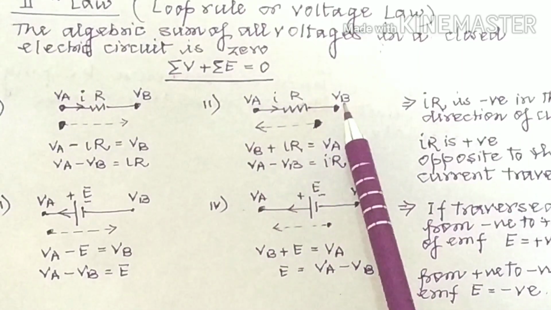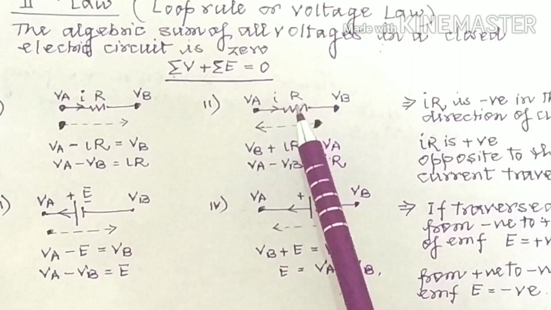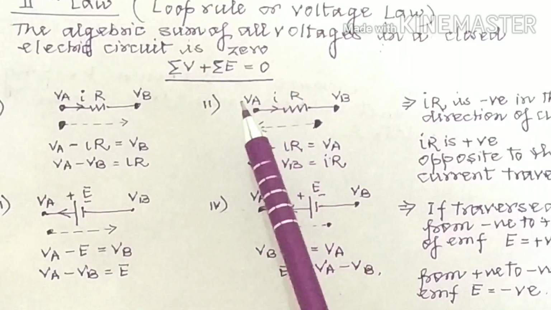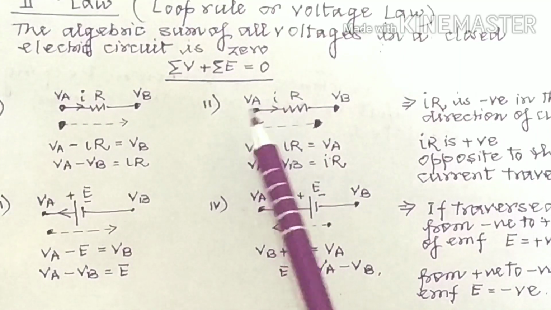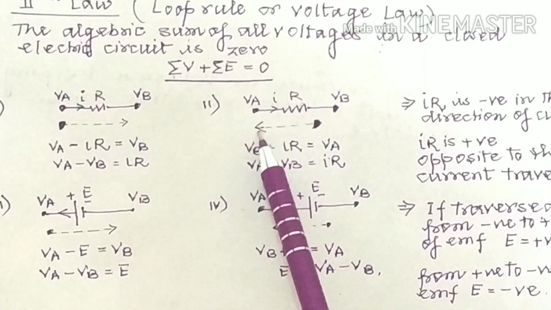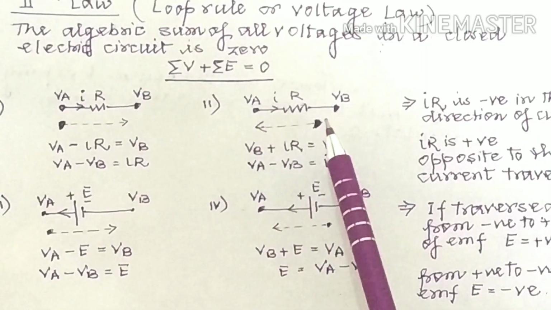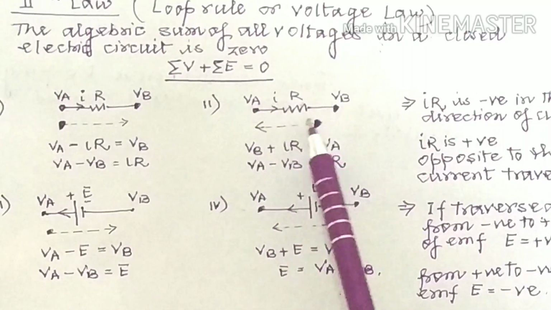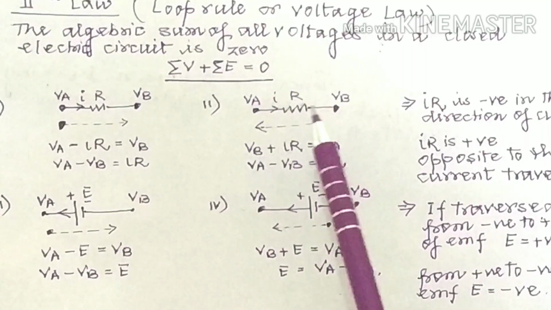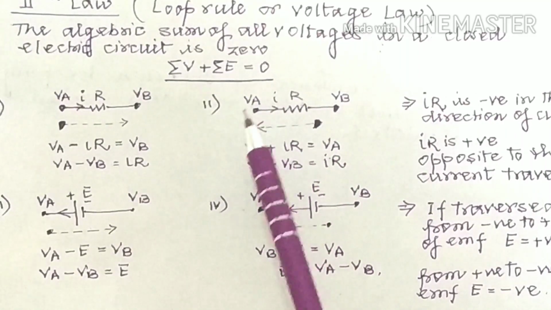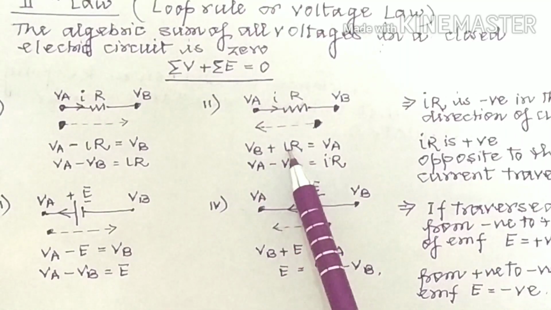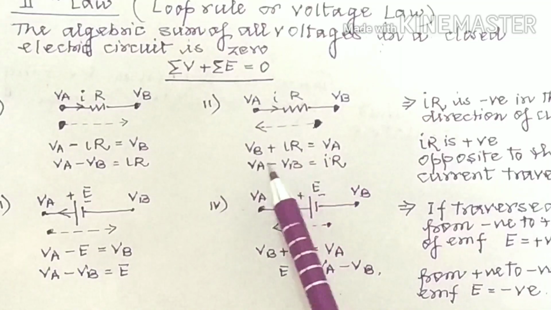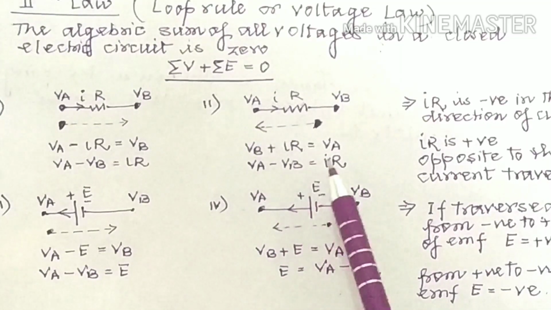VB will be added by the amount IR. You will get VA, because you are moving from here to here. So VB plus IR is equal to VA, or simply VA minus VB is equal to IR.